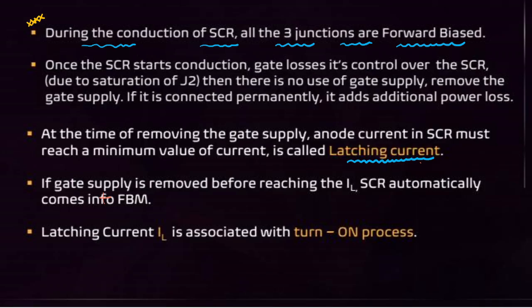After reaching that current only, you can remove the gate pulse. That current is the latching current. If gate supply is removed before the anode current rises to the latching current, the SCR automatically comes back into blocking mode. That's why latching current is associated with the turn on process and is the reference for turn on of SCR.